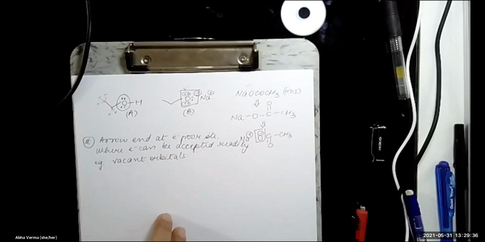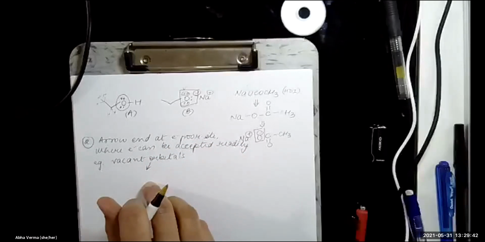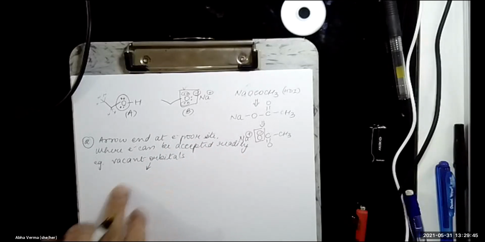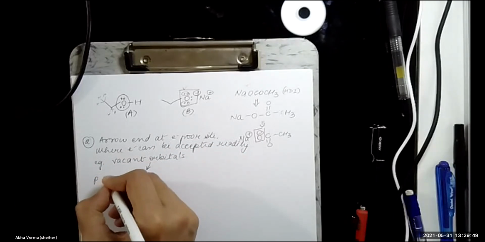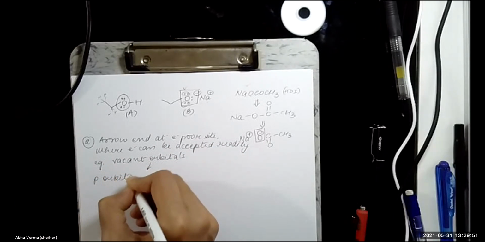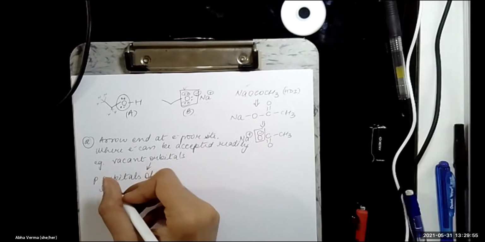Which are the two vacant orbitals that we know of? One of the vacant orbitals, where the electrons can move in, are the p orbitals of lone pair atoms.